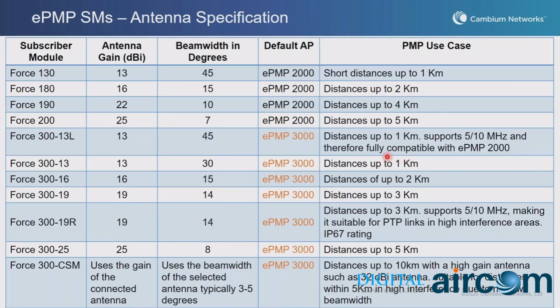All right, so this one I just put here as a reference, as a guide. Like I mentioned, we have all these ePMP subscriber modules, and you might be wondering, when should I use which? As a general guide, you use the Force 130, the ones with the smaller antenna gains, for the shortest distances.